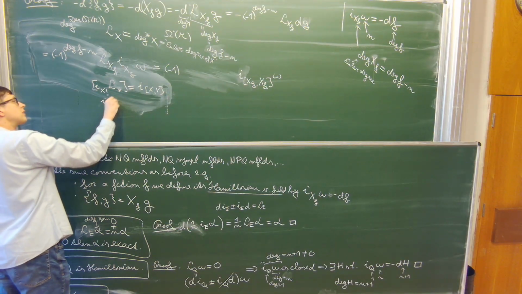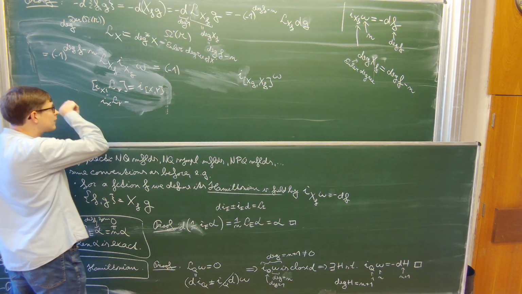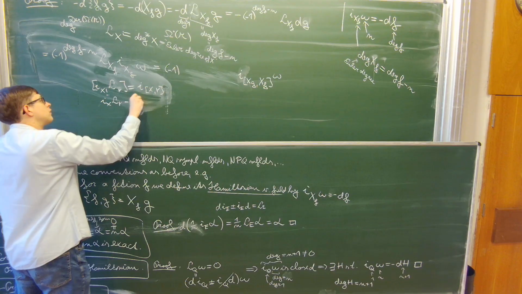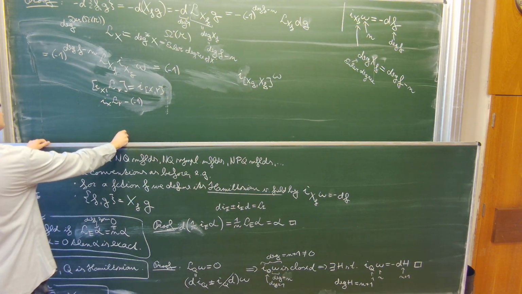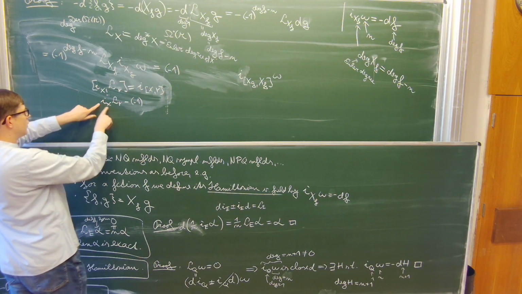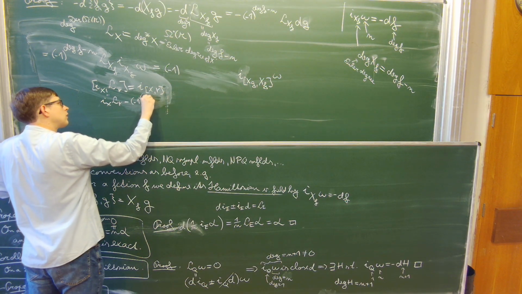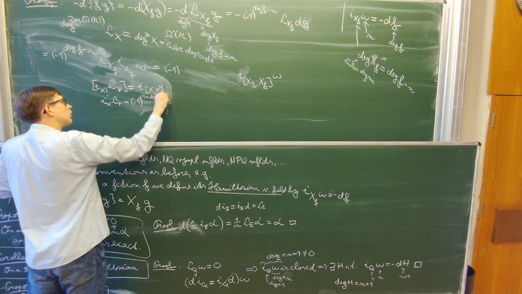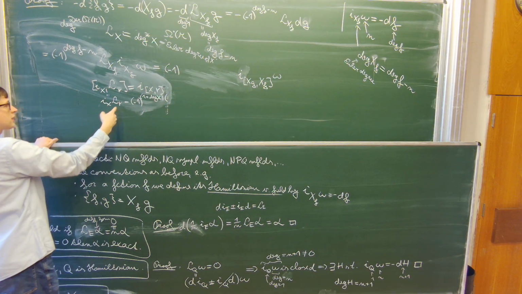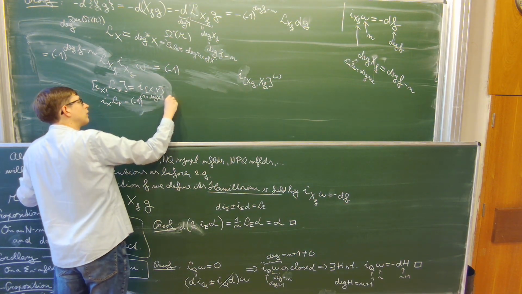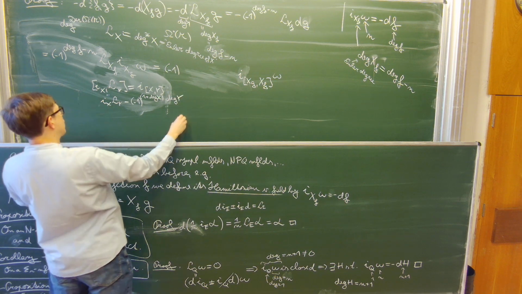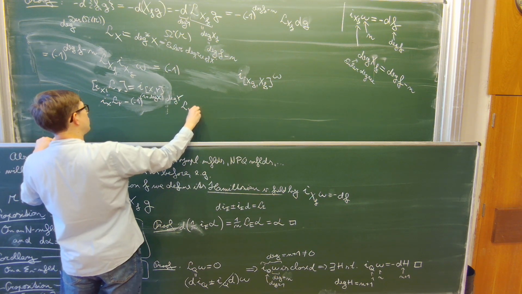So this thing is i_x L_y minus 1 to the degree, and now we have 1 plus degree of x multiplying 1 plus degree of y times L_y i_x.